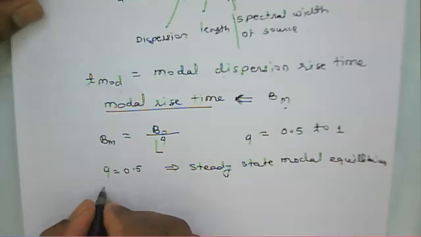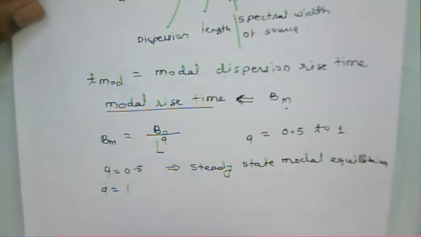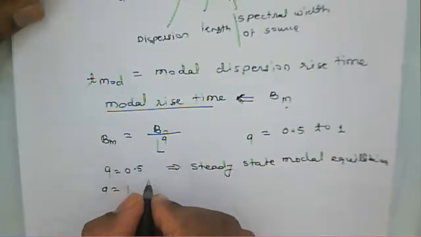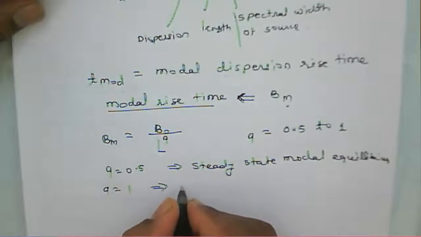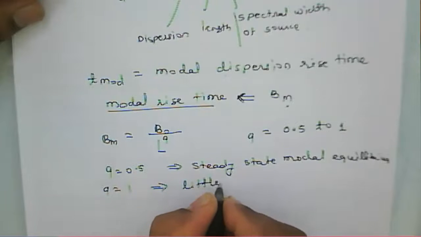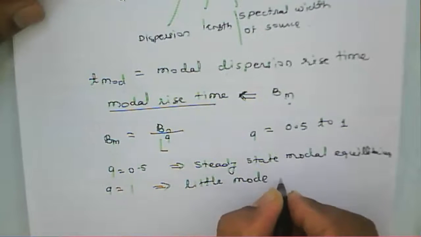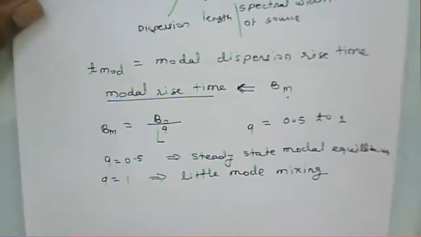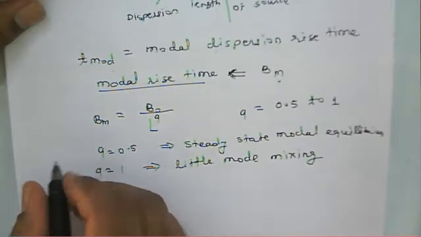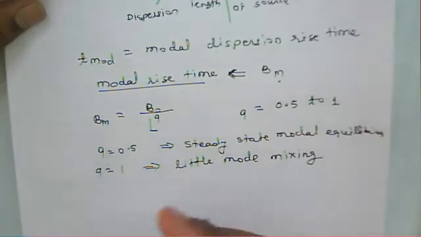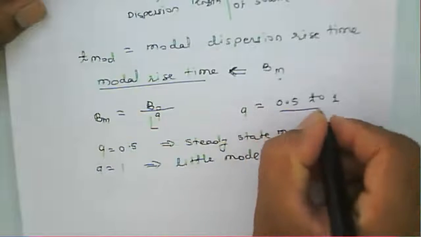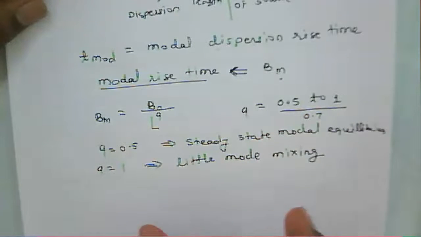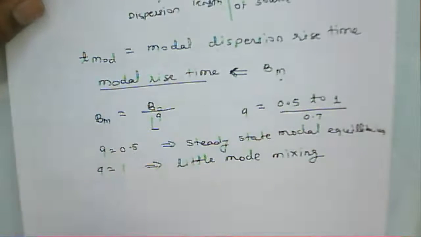And if Q is equal to 1, then that indicates little mode mixing. Generally the Q value is considered to be 0.7, so that we get the modal bandwidth there.